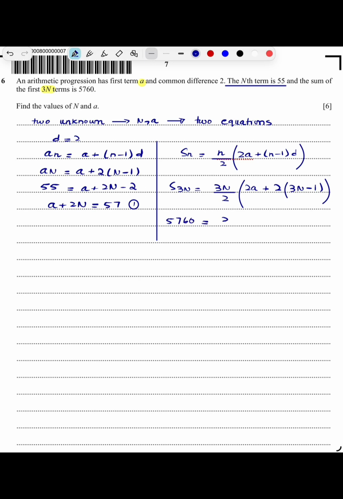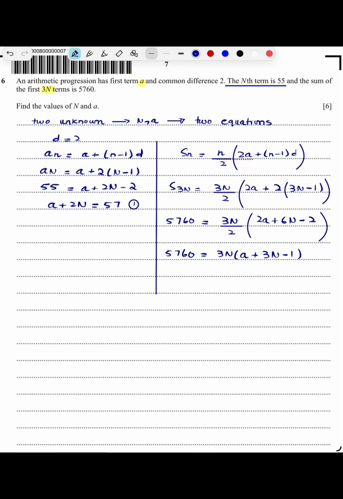Okay, so this becomes 3n over 2 and we'll get 2a plus 6n minus 2. And if we take 2 common, everything cancels: 2 ones are 2, 2 ones are 2, 2 threes are 6, right? So we can write this as 3n times (a plus 3n minus 1), equal to 5760. Let's expand it.